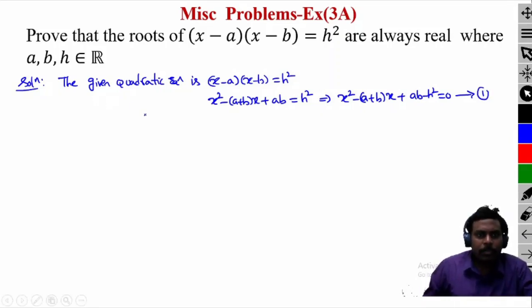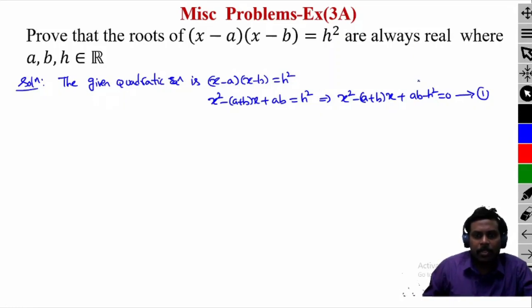Now what is it that we have to prove? Prove that the roots of this quadratic equation are always real. So when do we say that the roots of an equation are real? Provided the discriminant is greater than or equal to 0.